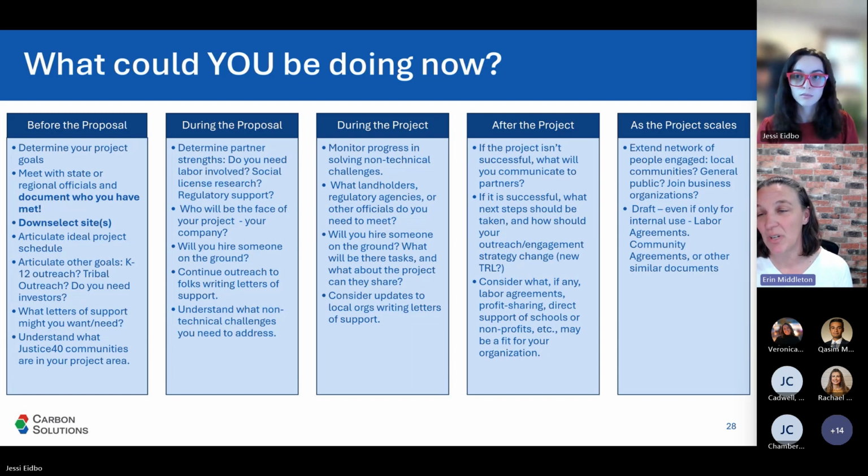What are some of the things that you need to do as you go to the next level? And as federal projects, if these are going to continue to be required, having internal ideas about how you want labor agreements or community agreements to look, which ones of these are important to you and which ones are relevant to the local folks, are things that we think are really important to consider.